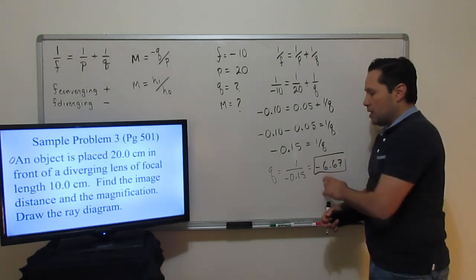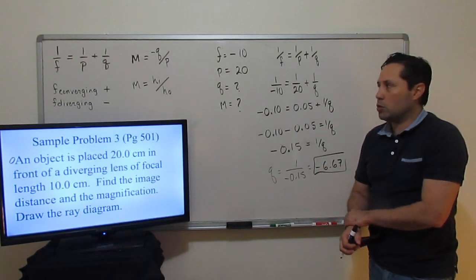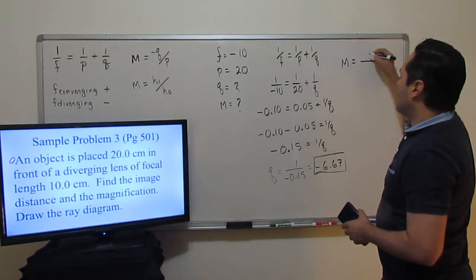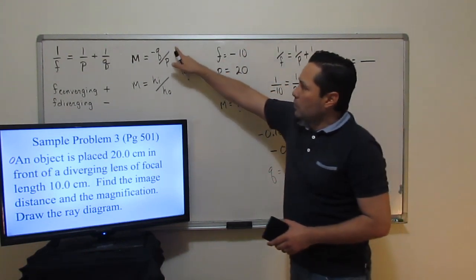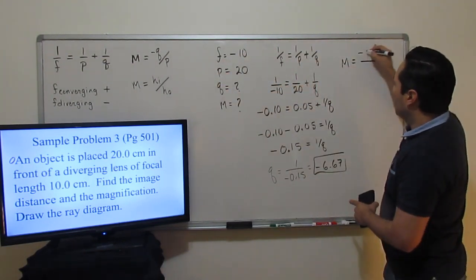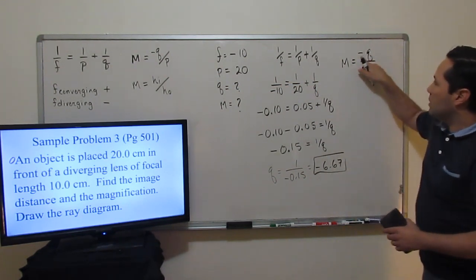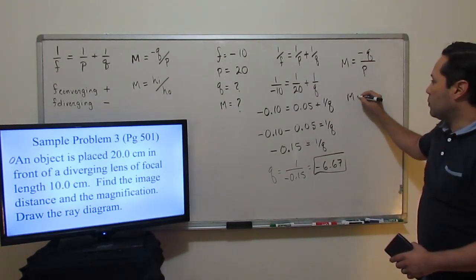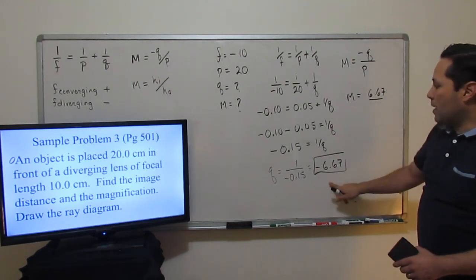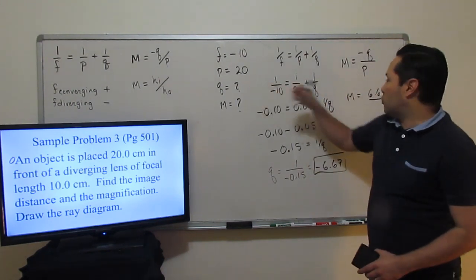Notice it's negative, therefore it's a virtual image, on the other side. Magnification is going to be negative Q over P. Q is negative, and the formula already has a negative. A negative and a negative give me a positive, so it's going to be a positive 6.67 divided by P. P is 20.